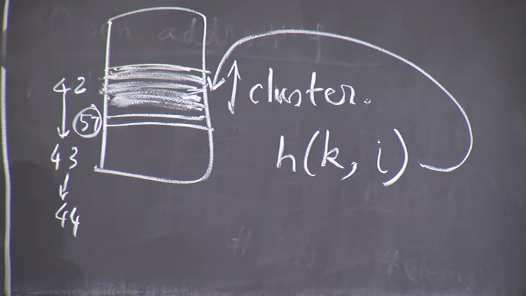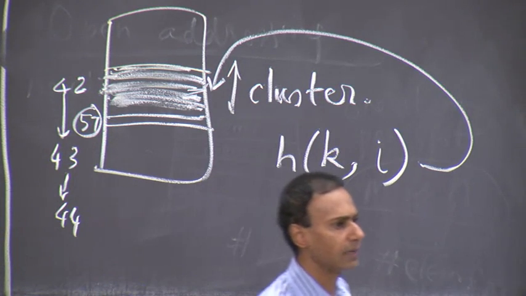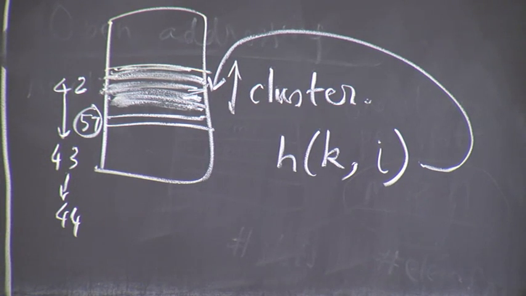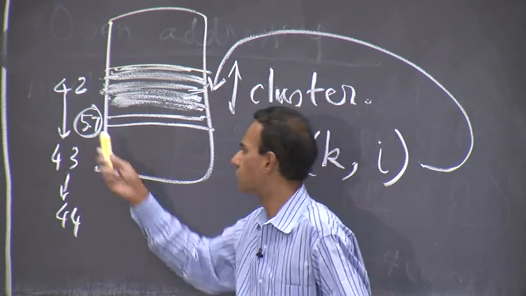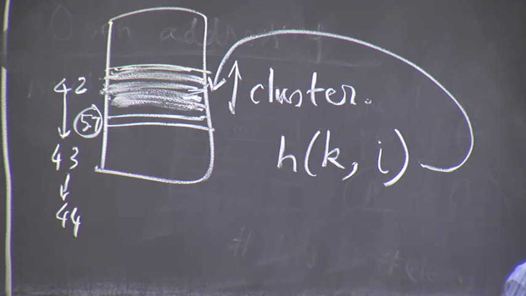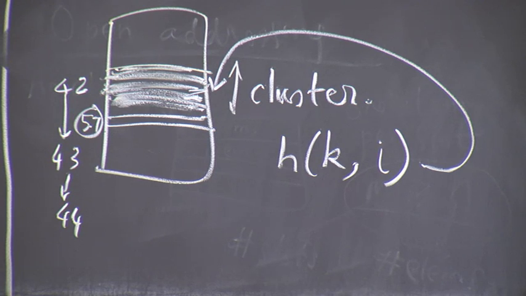So you're going to try 15 times in this relatively dumb fashion to get to the open slot, which is 57. And by the way, at the end of this, you just increase your cluster length by 1. So it doesn't really work.